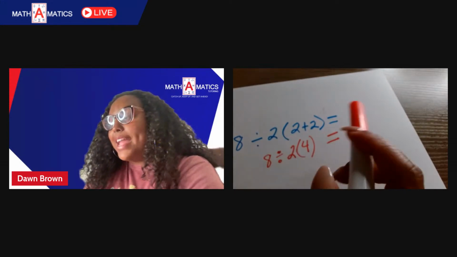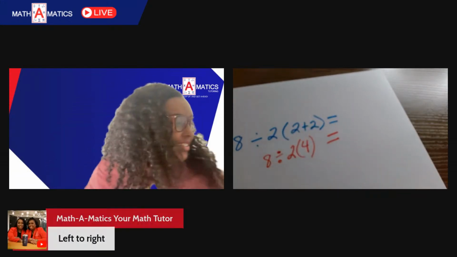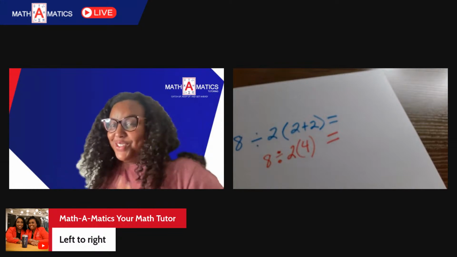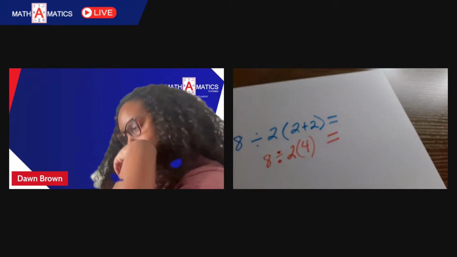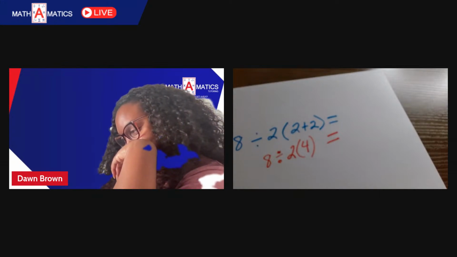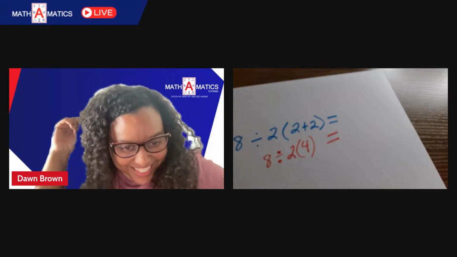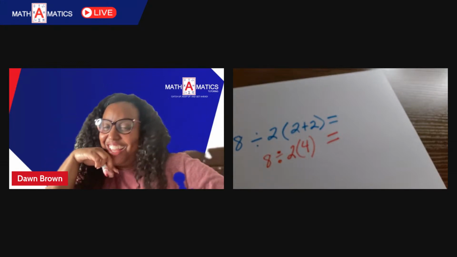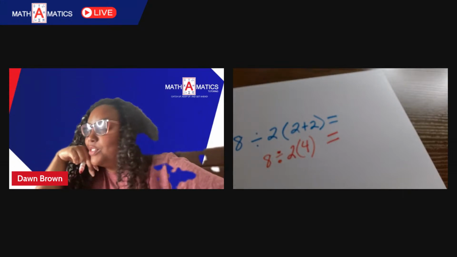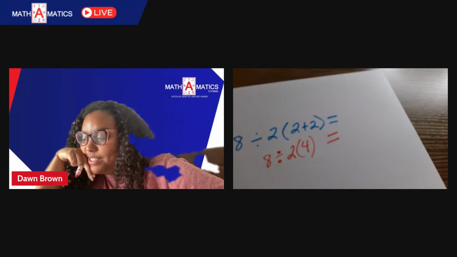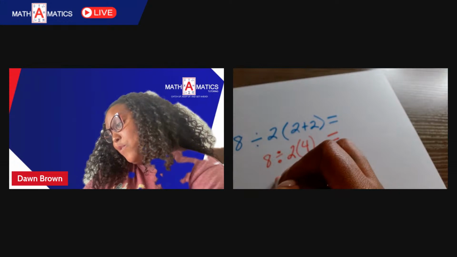So if we go right to left, we would do left to right. Excuse me, left to right. I am mispronouncing. Left to right. If we go left to right, then you would divide first. So if we divided first, we would get 4.